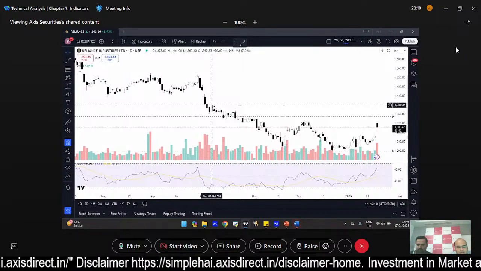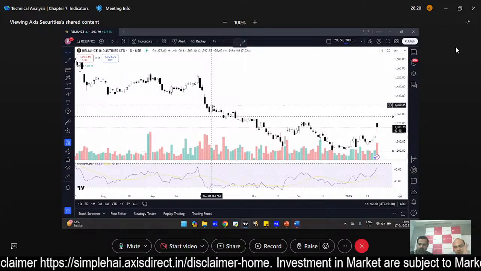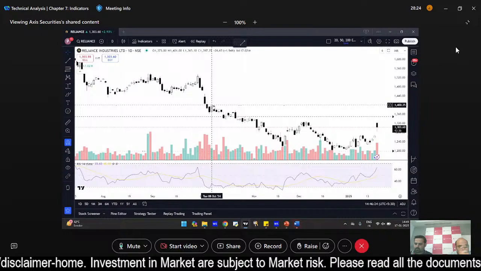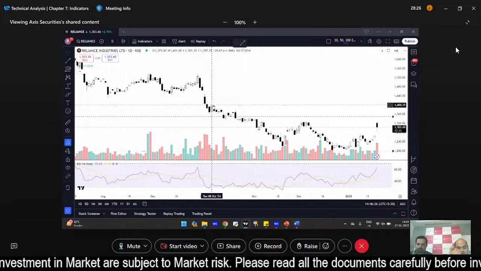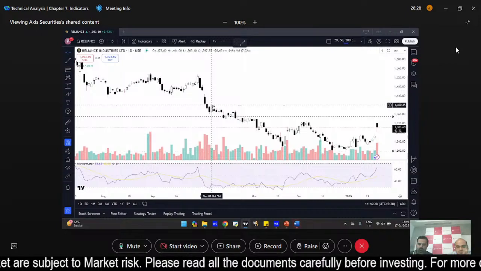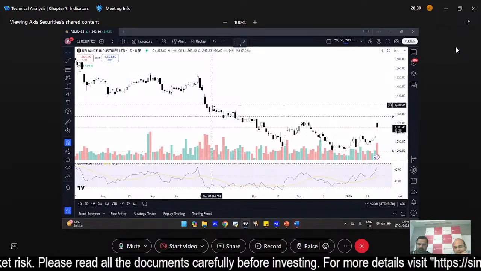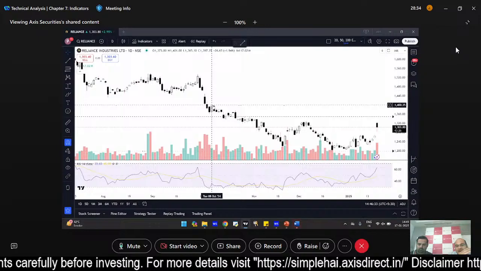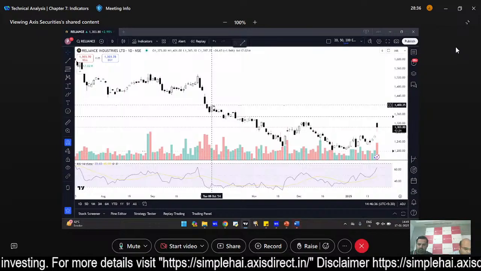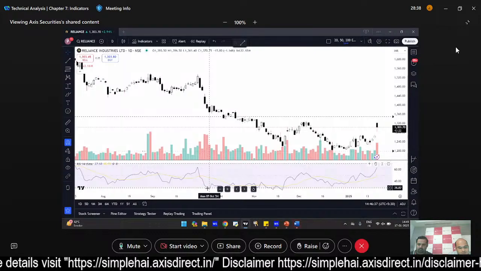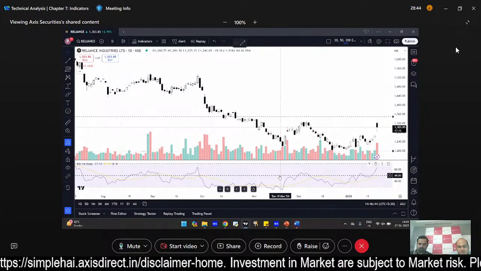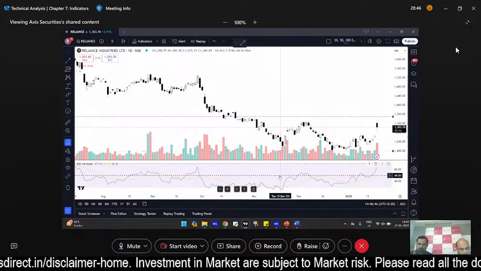And you are not able to drive beyond 10 kilometers per hour, then you have motion but you don't have enough momentum to cover that journey fast. But if you are able to do it at say 80 kilometers per hour, then you have enough momentum, so the time required will be less. So basically the speed or the rate at which the market is falling, that is something that the RSI looks at. Now again this is a very crude example, but if I have to explain in layman language, this is what I would explain.